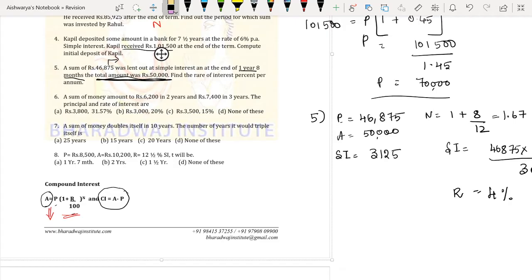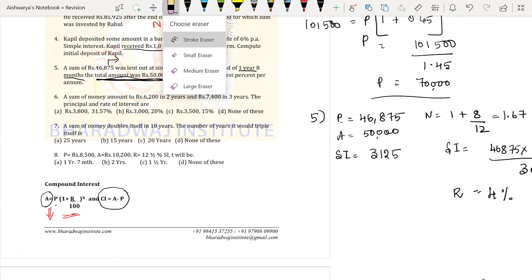Correct. So the question is telling, and again the unique thing is they've given you the amount. What is the amount in 2 years time and what is the amount in 3 years time? And accordingly, the principal and the interest is asked.